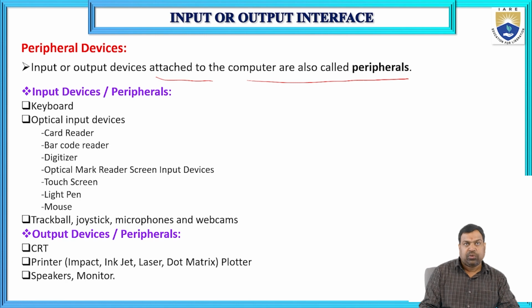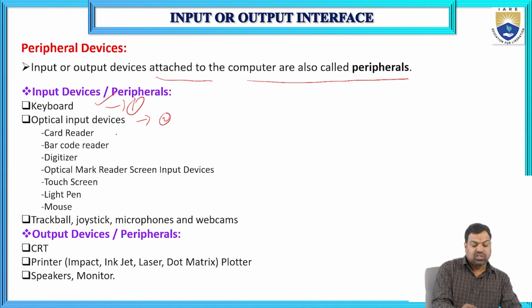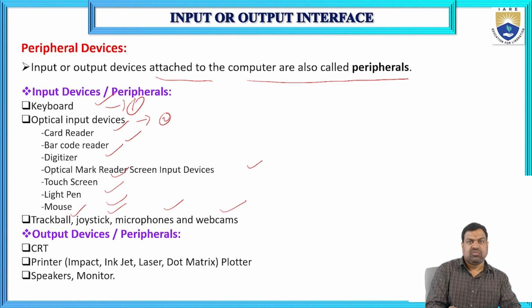So what are the input devices of the peripherals connected to the CPU? Keyboard, that is one thing, and optical input devices. So what are the optical input devices? These are the second one: card reader, barcode reader, digitizer, optical mark reader, screen input devices, touch screen, light pen, mouse, and trackball, joystick, microphones, webcams.